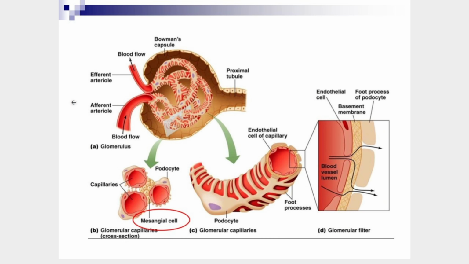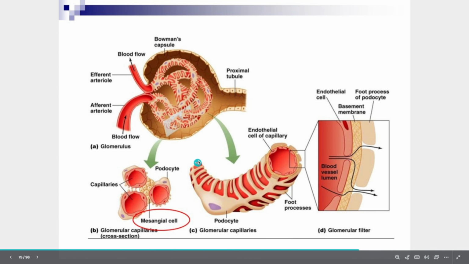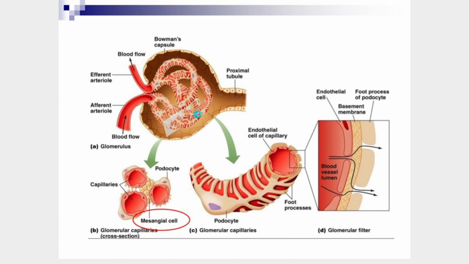So why is filtration happening? One of the key reasons is the high hydrostatic pressure of the afferent arteriole, due to the high resistance to outflow, since the efferent arteriole is smaller in diameter than the afferent arteriole.